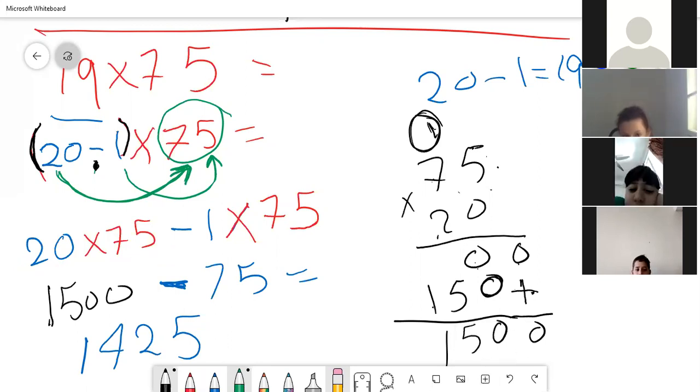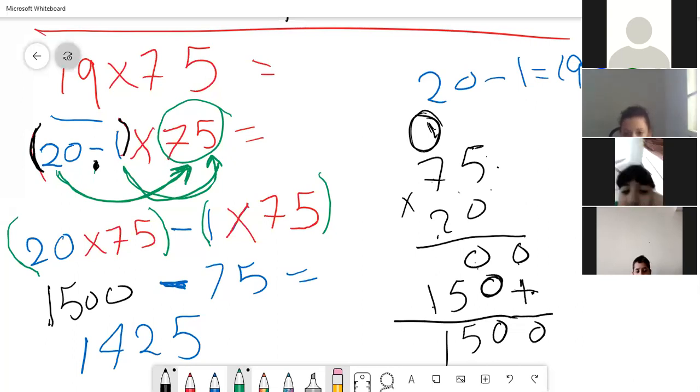And then we multiply the 1 by 75. This is 1 times 75. And minus is between. Don't forget the minus. Oh, yeah. Okay.